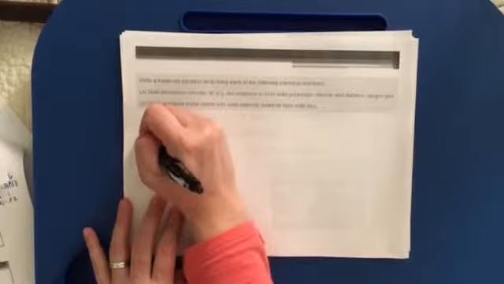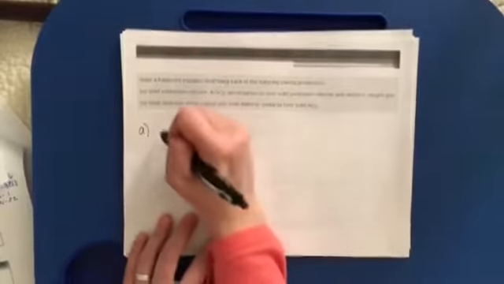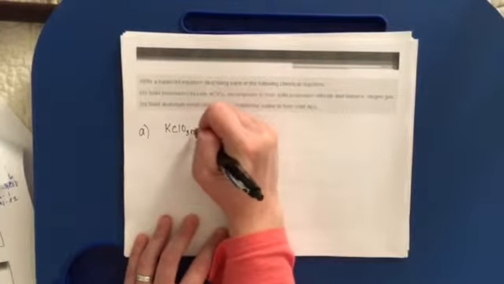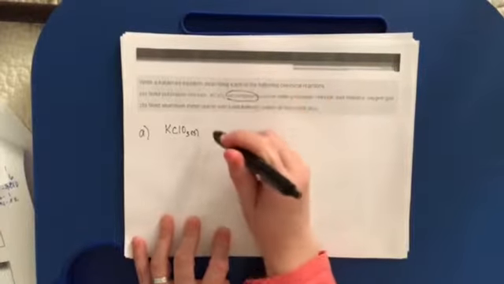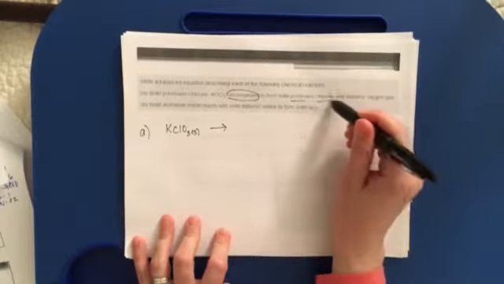So here are some examples of that, where we're given the names and then we're going to write out and balance the equation. So for A, it says solid potassium chlorate, and they give you the formula. It says KClO3, and they say it's solid, so it looks like that. Decomposes, here's your reaction symbol. It's decomposing to form solid potassium chloride.